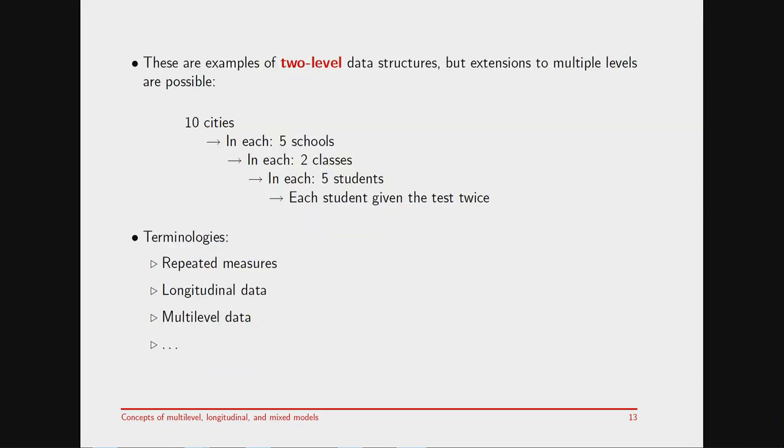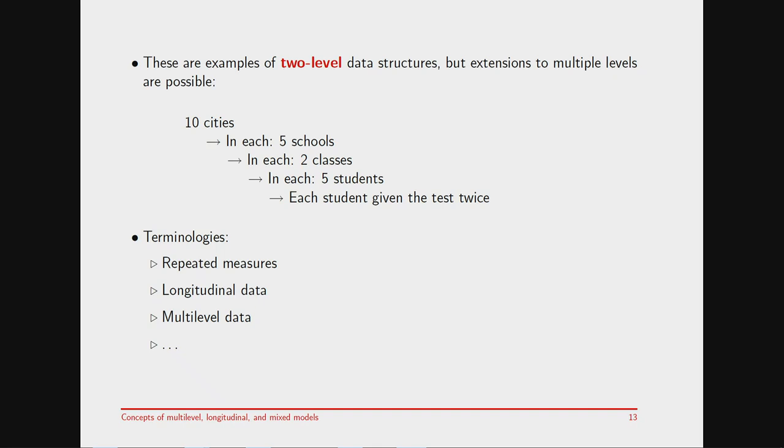We will first look predominantly at two-level data structures. Later on, we will also extend it, because the big step is from a single-level data set, and that's probably what you've always encountered so far. If you do linear regression or logistic regression, you have just a number of subjects, and every subject contributes one observation to your data set.